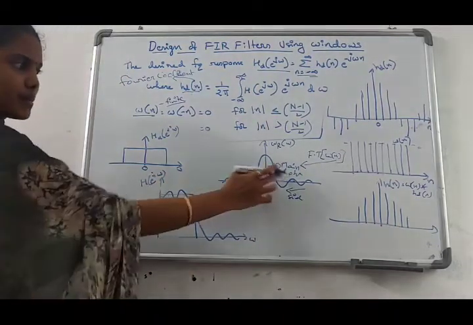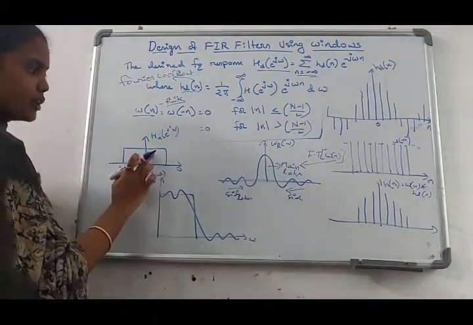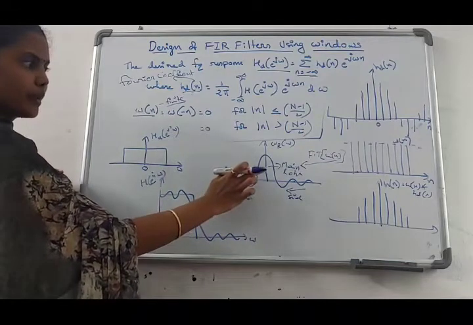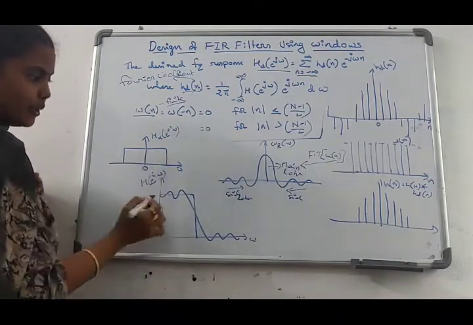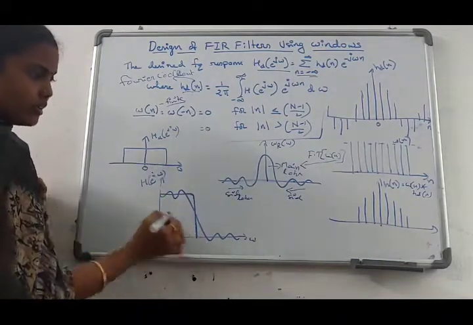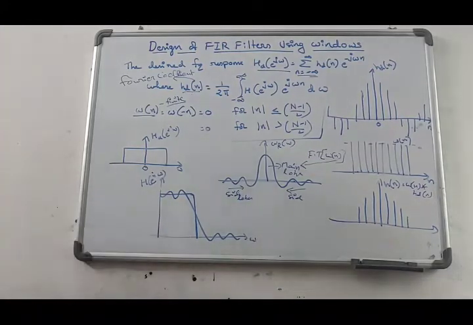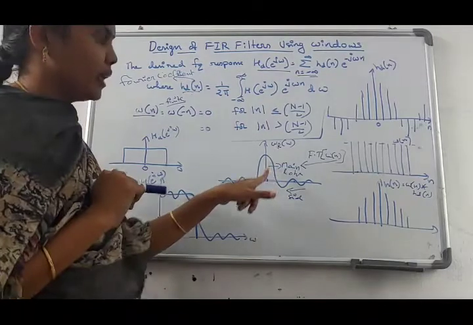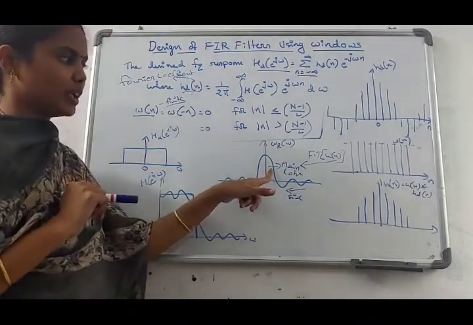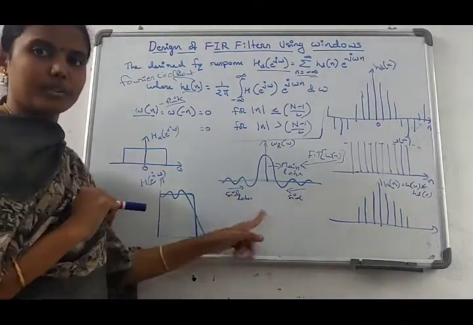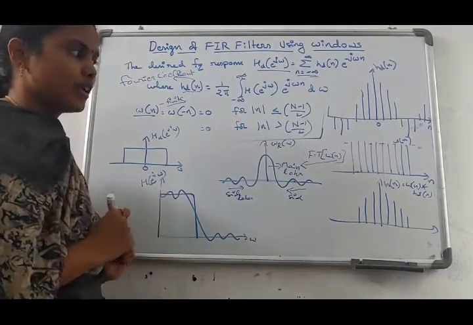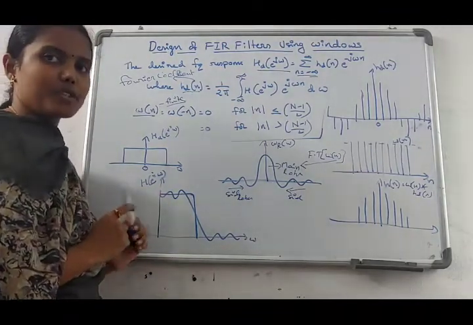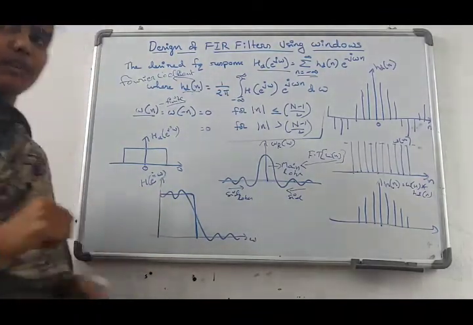If you multiply hd of omega and WR of omega, you get a pulse signal. Here the main lobe has the maximum energy compared to the side lobes. First we have to look at the first window, that is the rectangular window.